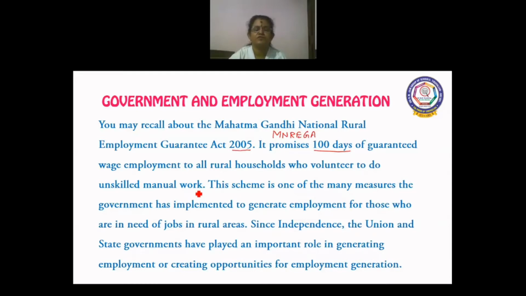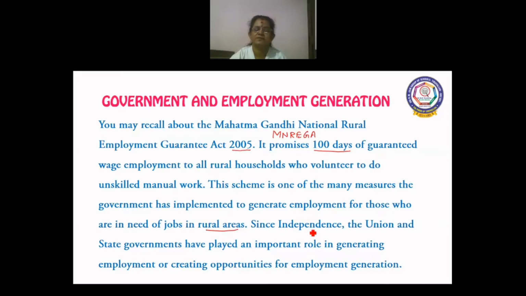So those who are unemployed are provided with 100 days of employment, and this is particularly for rural households. This scheme is one of the many measures the government has implemented to generate employment for those who are in need of jobs in rural areas.